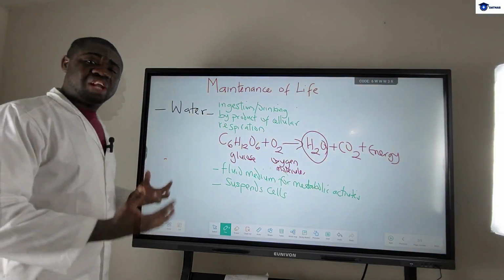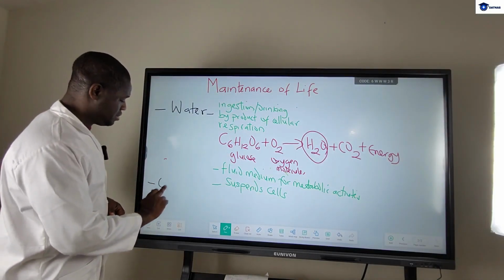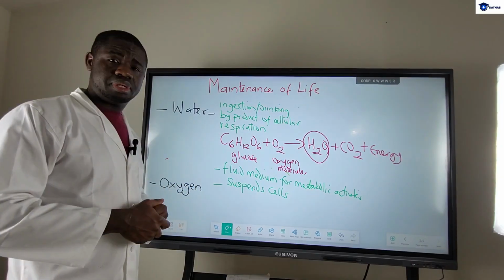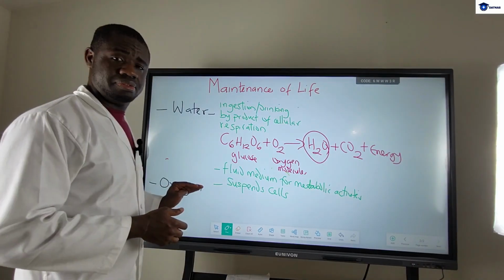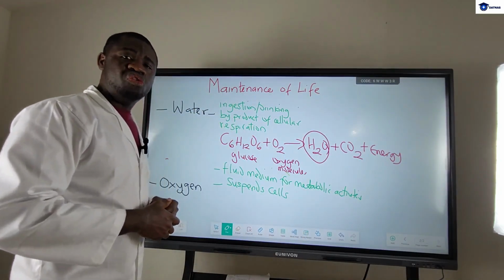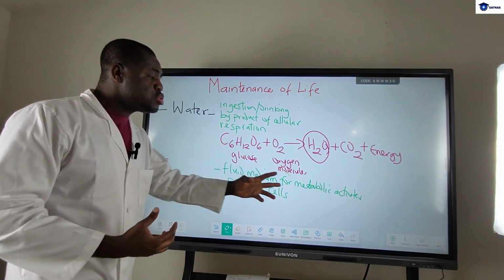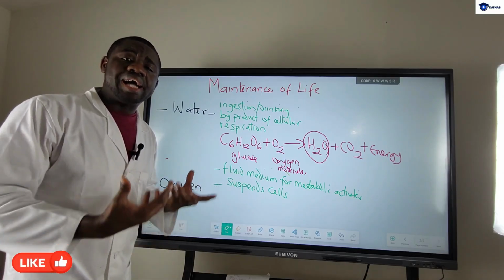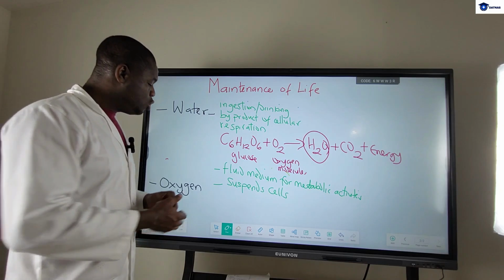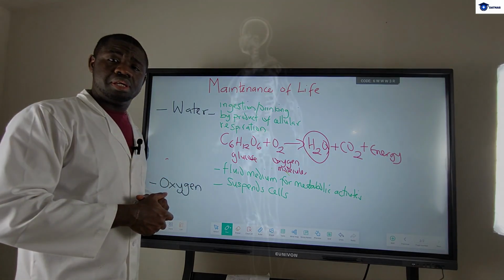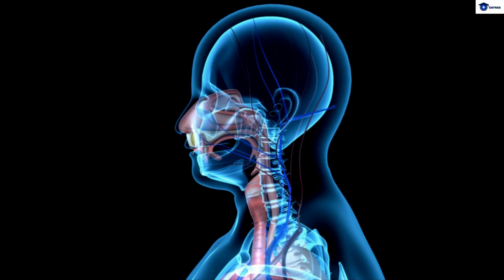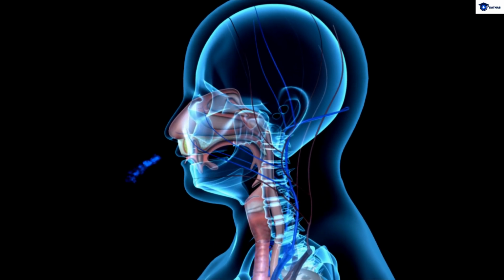Another requirement of life is oxygen. It is needed to provide energy for cells to use for metabolic activities. How do we get this oxygen? By respiration, by inspiration.